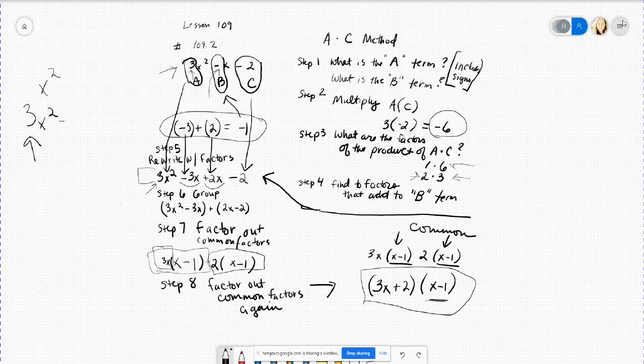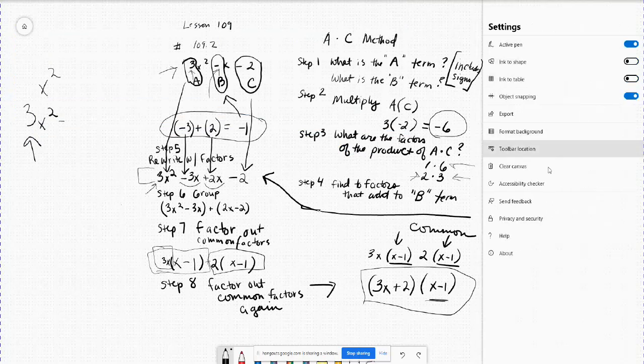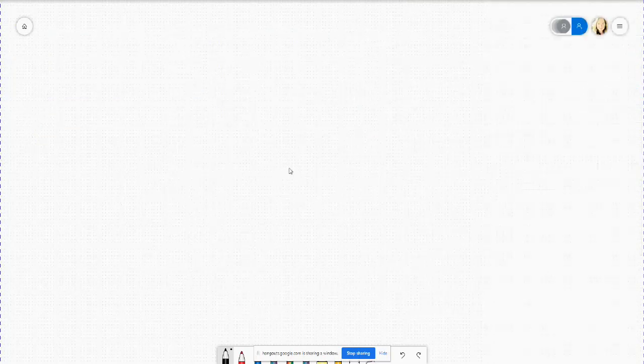Okay, let's clear it. I'm going to clear the canvas, and let's do the next example problem. Sure.